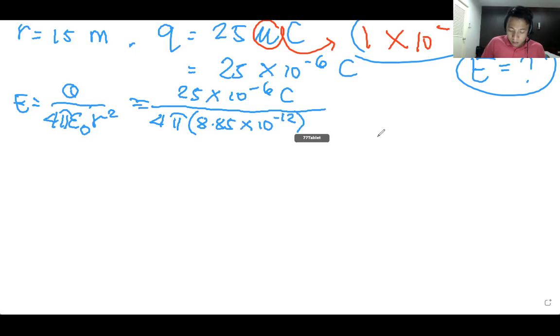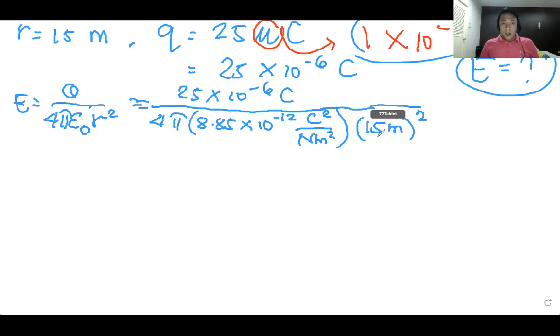Oops, I forgot the unit: C squared over N times meters squared, multiplied by the radius, which is 15 meters squared. Okay, so this will be the final positions of the given.